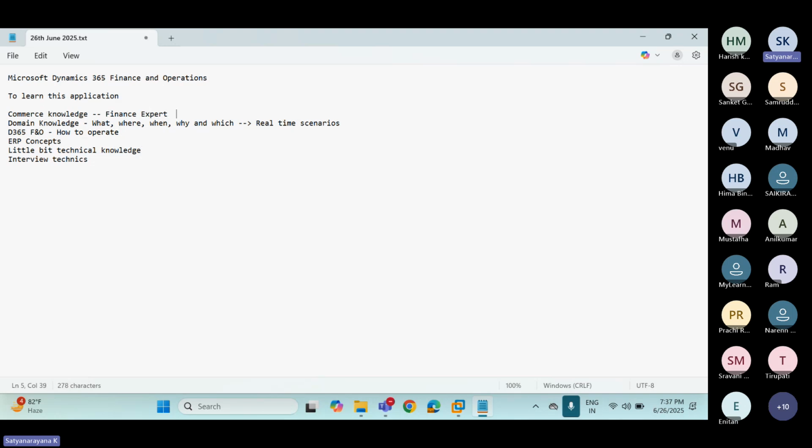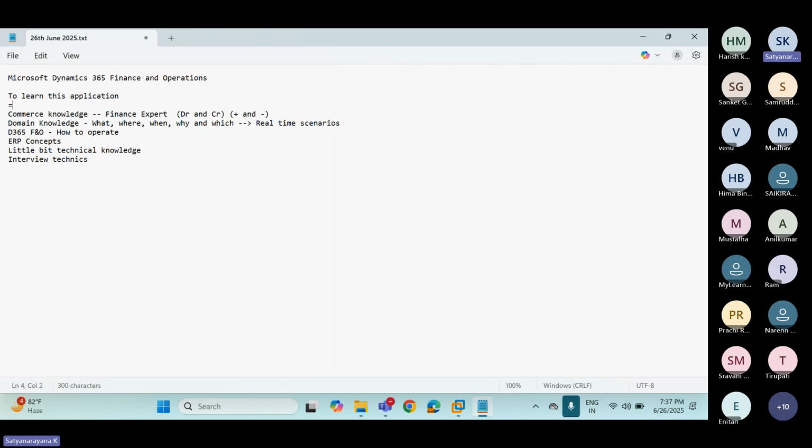Here, commerce knowledge means you should know the difference between debit and credit. Suppose you don't know what is debit, what is credit. You have never studied commerce. Okay, then you should know what is plus and what is minus. If you don't know the difference between plus and minus, you cannot learn finance. Okay, no need of debit and credit. If you have this knowledge also fine.